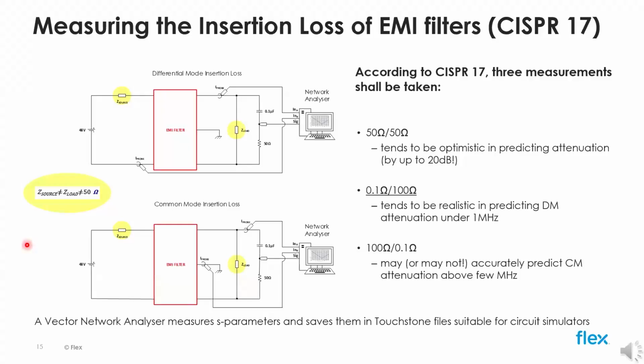Low source impedance to high load impedance is realistic for most differential mode noise cases, while the other way around is more applicable to common mode noise. Unfortunately, exceptions tend to be the rule, to the point that actual testing with a real converter is usually advisable.